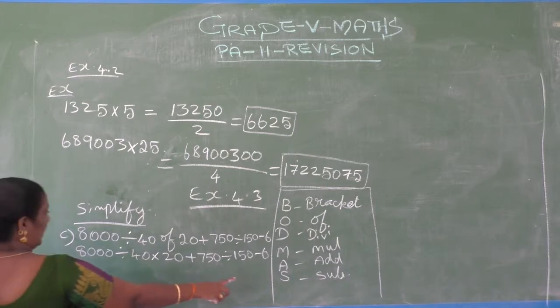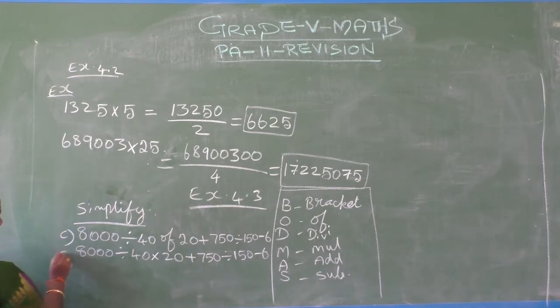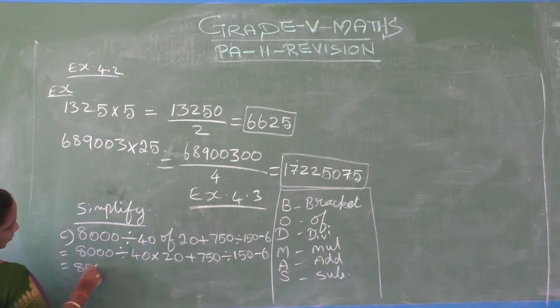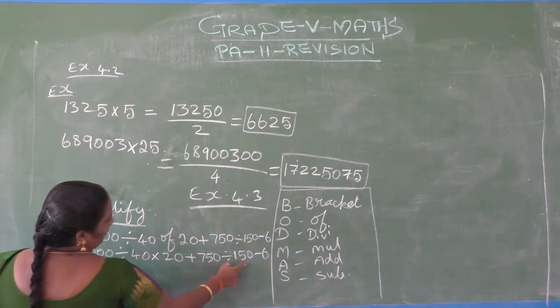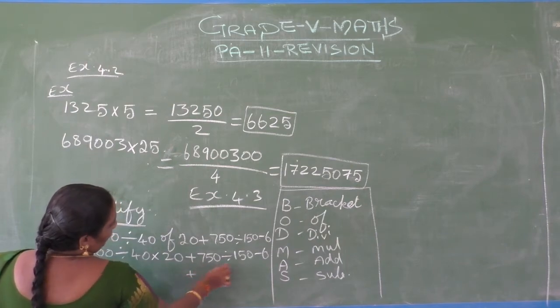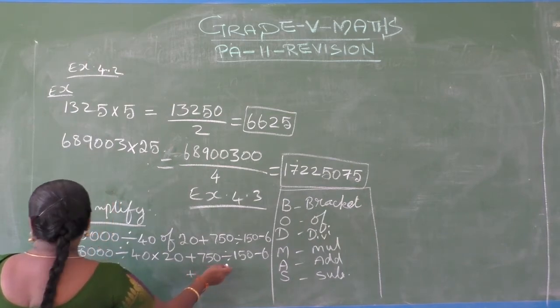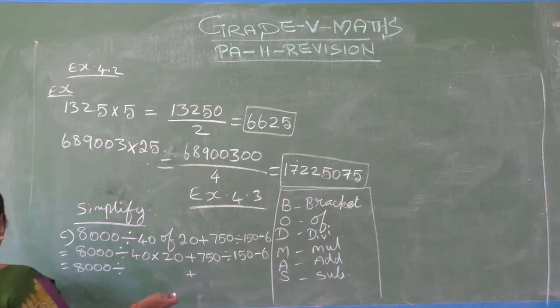Then we have to do the division here. Listen. 8000 divided by 40 into 20. For 750 divided by 150, how many 15s are 75?